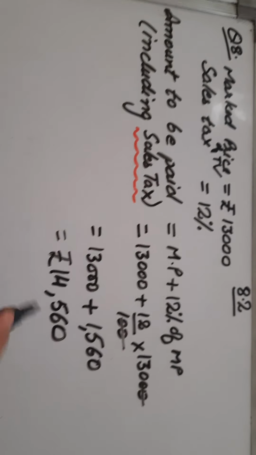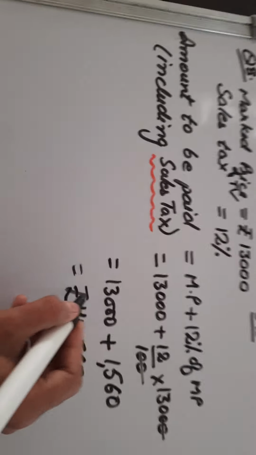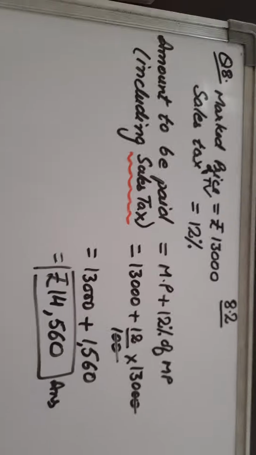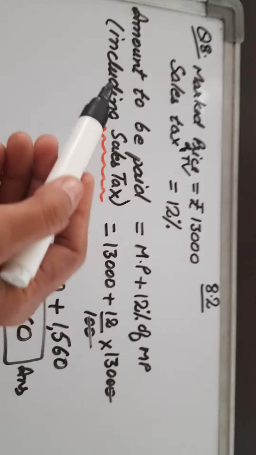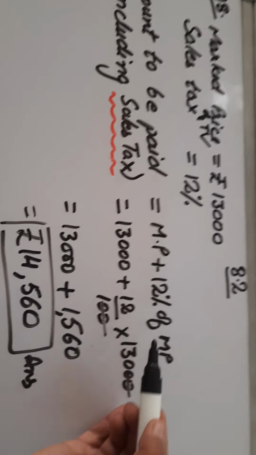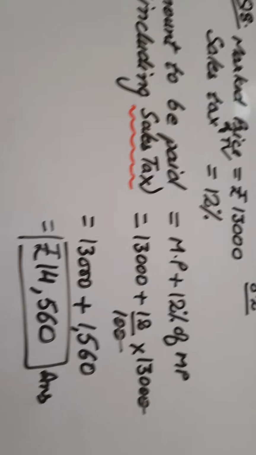This is the 12% tax on this item. So dear students, this is the answer which we have to get. The amount to be paid including the sales tax will be this. So always remember, whenever we apply the tax, it will be added.